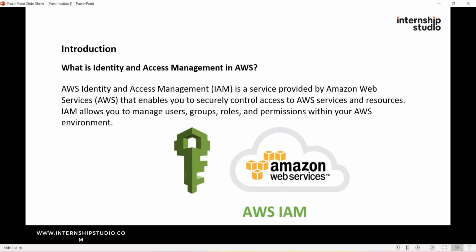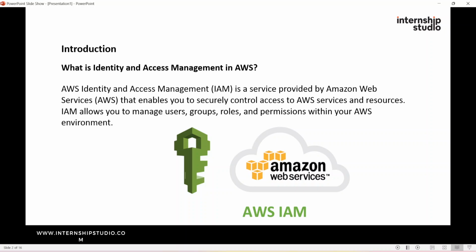AWS Identity and Access Management, simplified as IAM, is a service provided by Amazon Web Services that enables you to securely control access to AWS services and resources. IAM allows you to manage users, groups, roles, and permissions within your AWS environment.